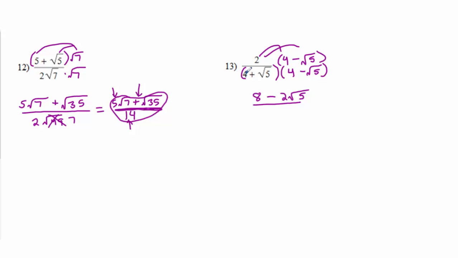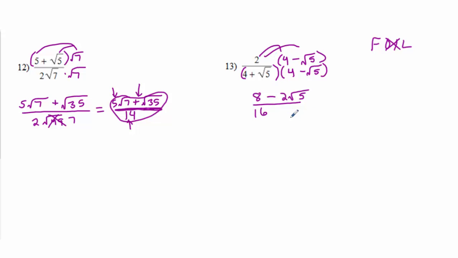On bottom, we have to FOIL, except because we're trying to get the square root off the bottom, the outer and inner term will cancel out. So instead of having to FOIL, we really just have to FL, because we just have to do the F and the L. Okay, so if you don't remember that, just FOIL it out and the middle terms will cancel and you'll be fine. But if you remember, then it's shorter. 4 times 4 is 16.